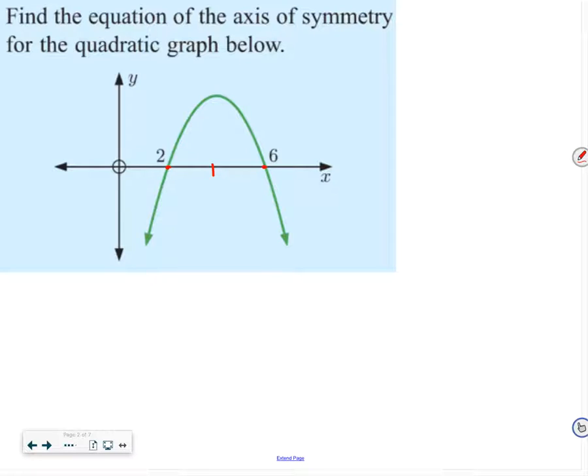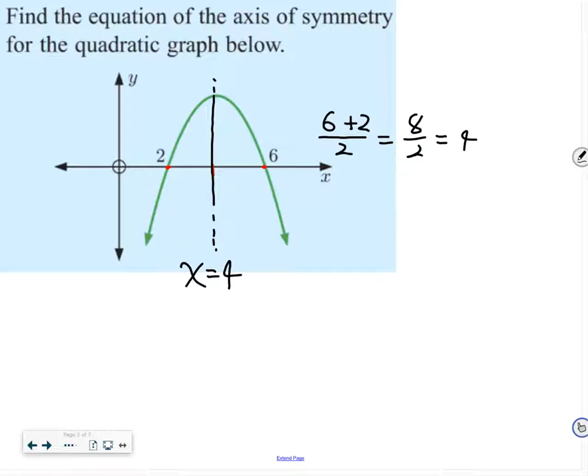Finding the midpoint is like finding the average, so I can do 6 plus 2 divided by 2. That's 8 divided by 2, which is 4. And remember, it's always of the form x equals a value, so x equals 4 is going to be my line of symmetry. That's if we're given a graph and the x-intercepts.